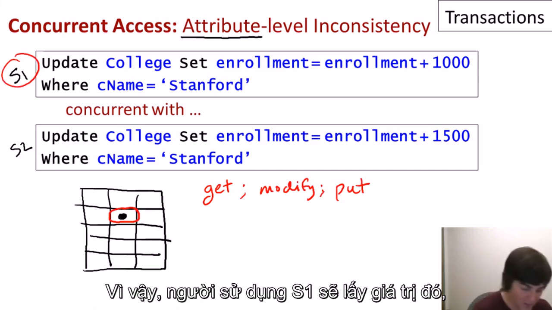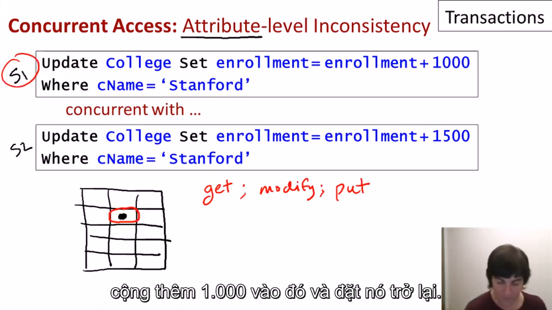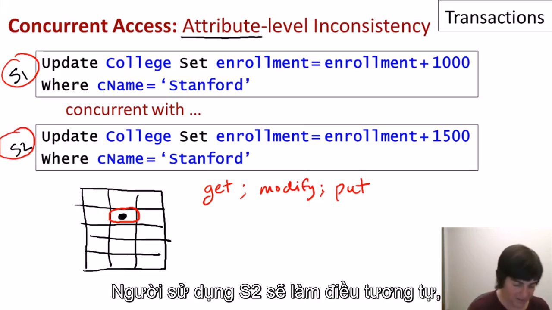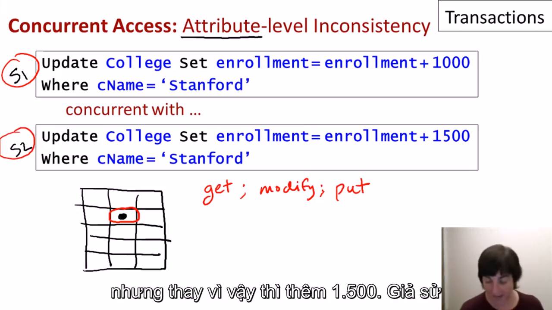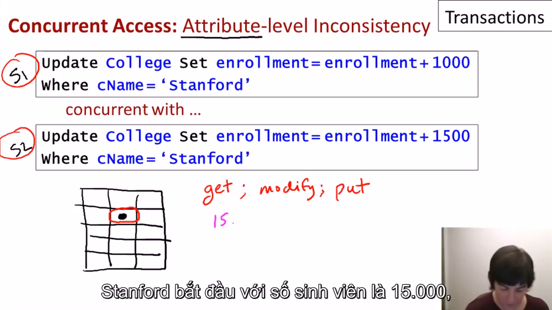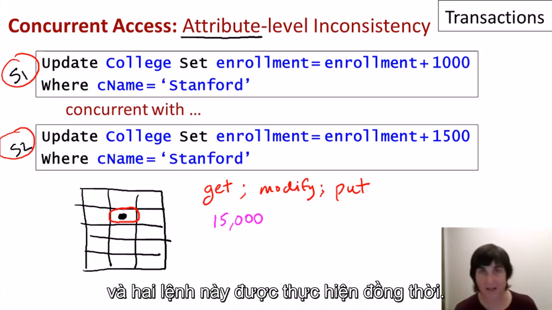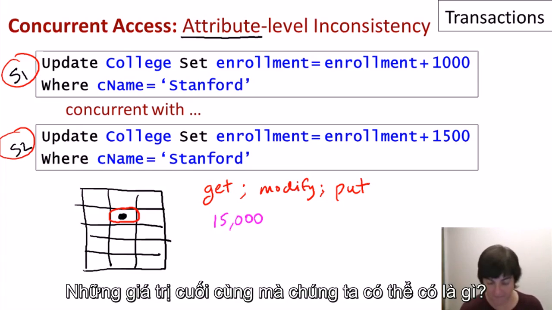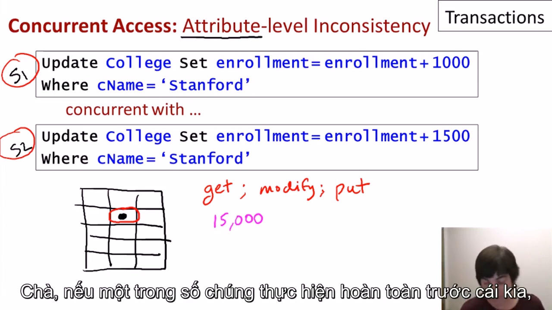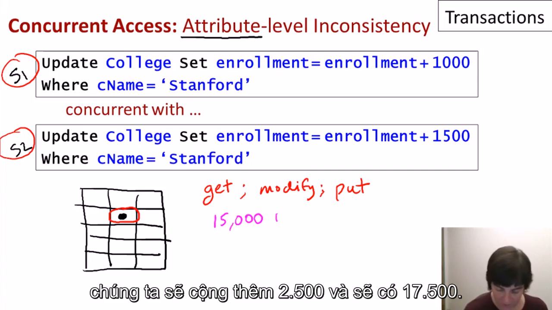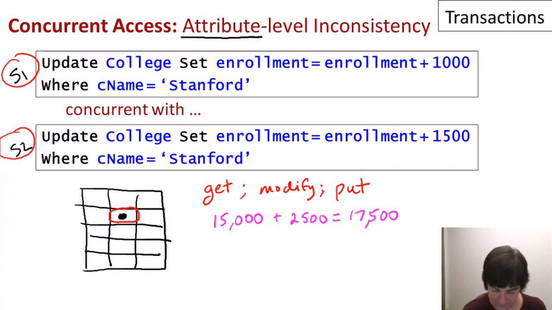So here's the value that we're working on. Client S1 will fetch the value, add 1,000 to it, and put it back. Client S2 will do something similar, but adding 1,500 instead. Let's suppose Stanford starts out with an enrollment of 15,000, and these two statements are executed concurrently. What are the final values that we might have? Well, if one of them runs before the other completely, then we'll add 2,500 and we'll get 17,500.